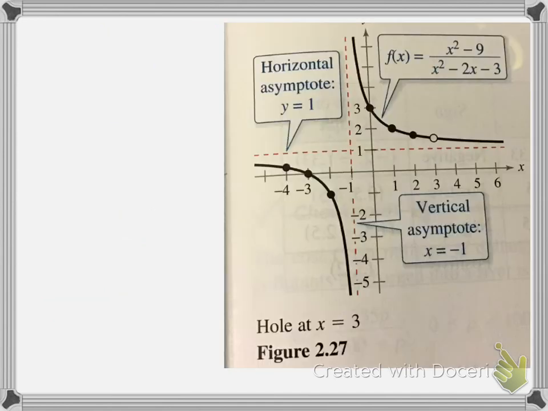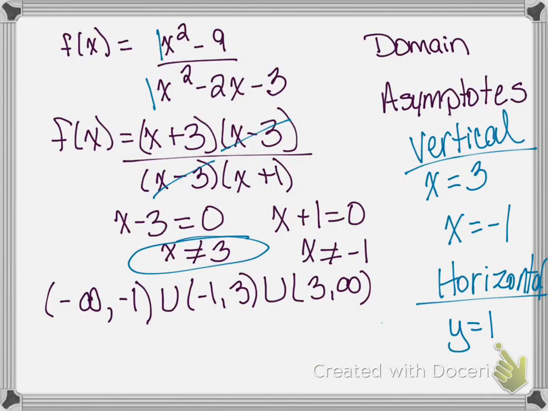Here's my graph. Do I have a vertical asymptote there? I have a vertical asymptote at x equals -1. Do I have a vertical asymptote at x equals 3? I do not. And the reason that I do not is because that x minus 3 shows up in both.